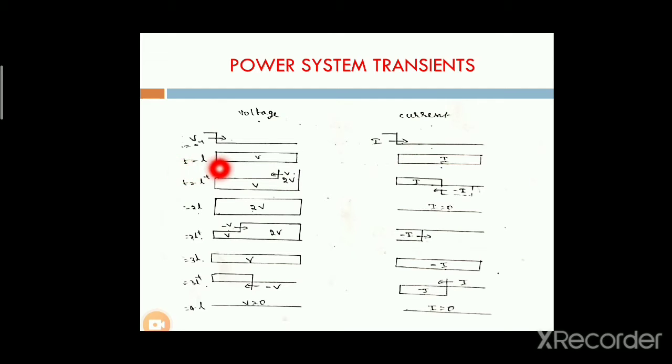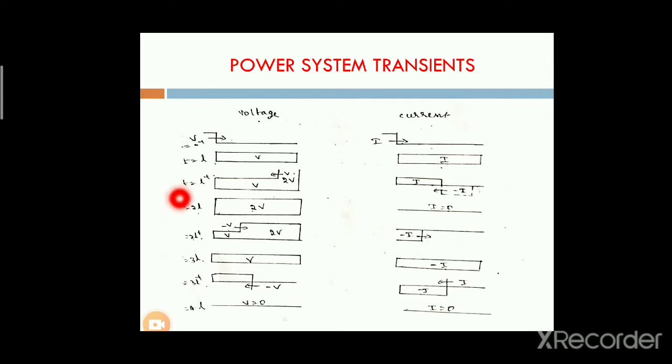When t is equal to the length L, the wave has traveled the length L, then the voltage rises, and the current is also rising.